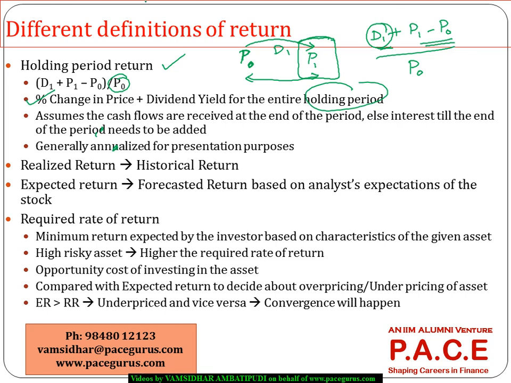But in this we need to understand that whatever the benefit that I am getting during the period, it is assumed that this particular benefit is coming towards the end of the period, means at the time of selling itself. But if I am getting it somewhere in the middle, if the D1 is not coming here but it is coming here, this is the day on which I have purchased at P0, this is the day I am selling it at P1.